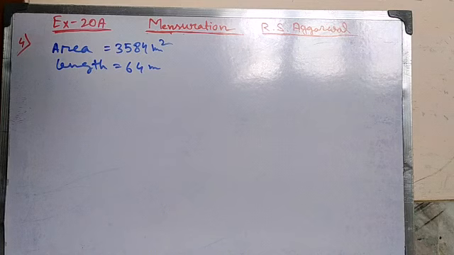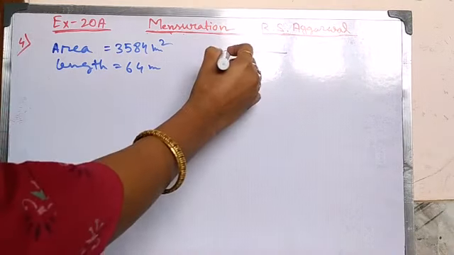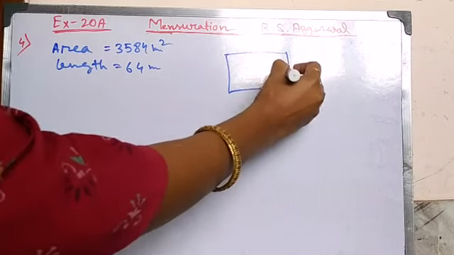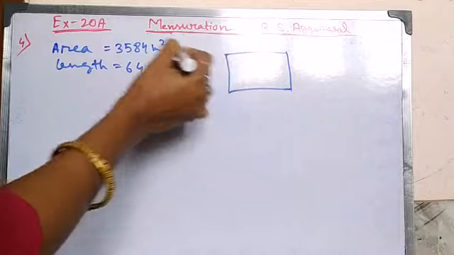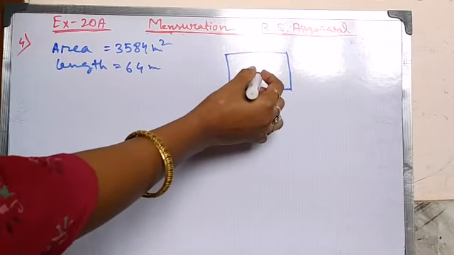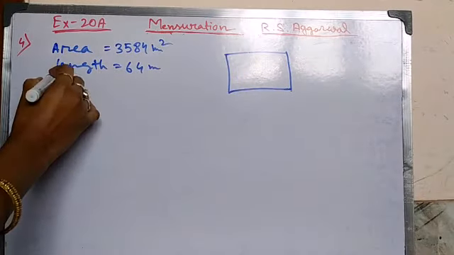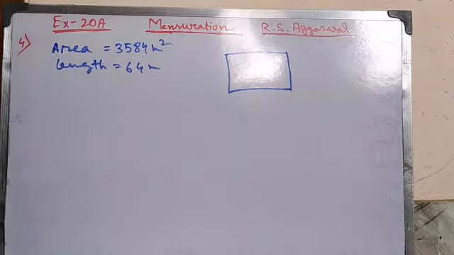A boy runs around the field at the rate of 6 km per hour. How long will he take to go 5 times around it? Around the field means suppose this is the field, the boy runs around the boundary. So at last we have to find the perimeter of the field. Here breadth we have to find out.